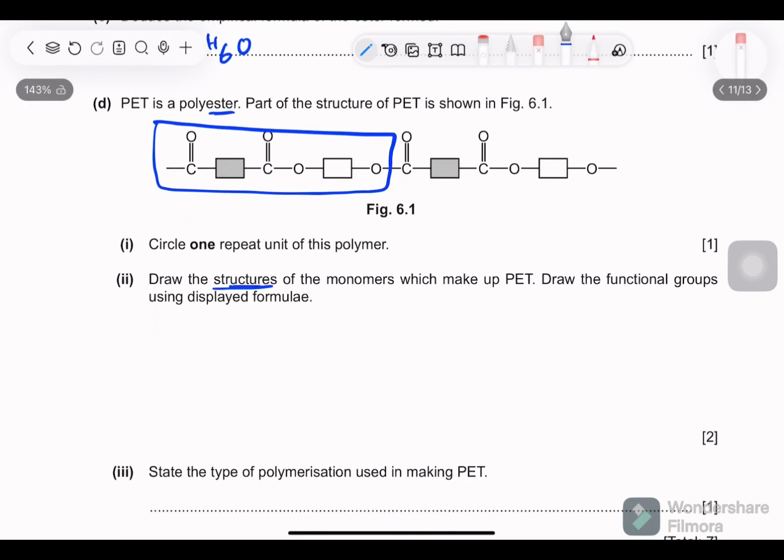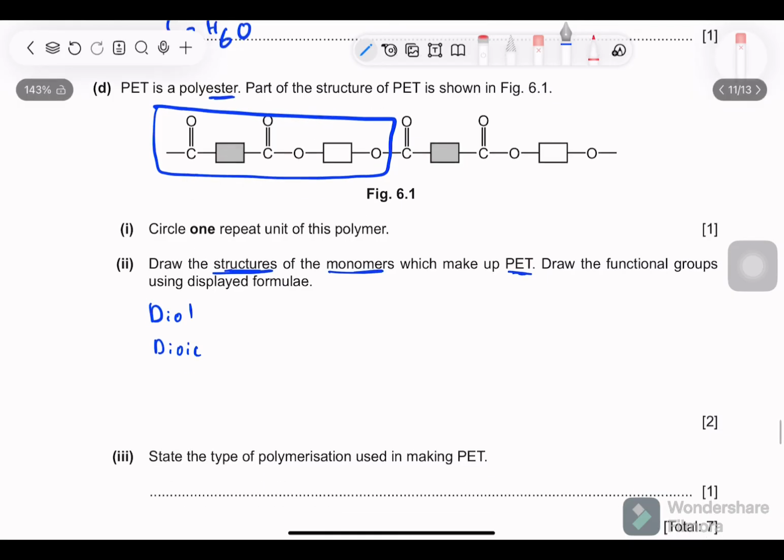Draw the structures of the monomers which make up PET. Draw the functional groups using displayed formulae. Now, we have two monomers. There is supposed to be a diol and a dioic acid.